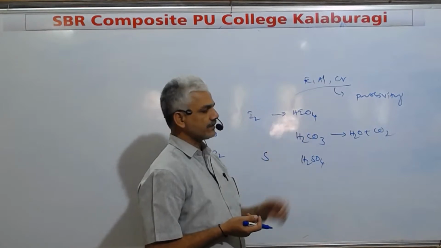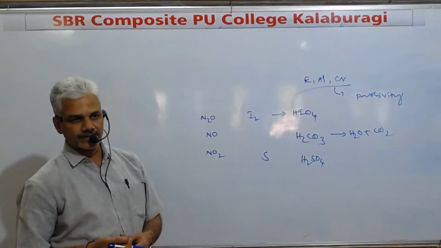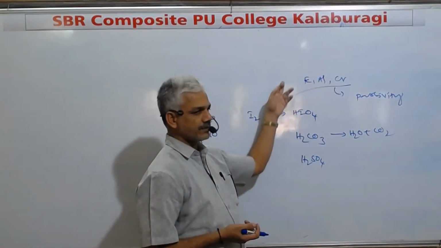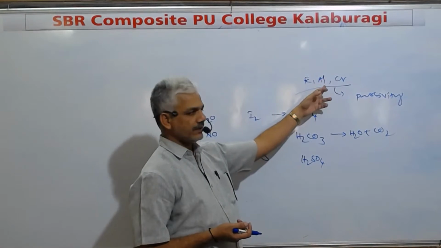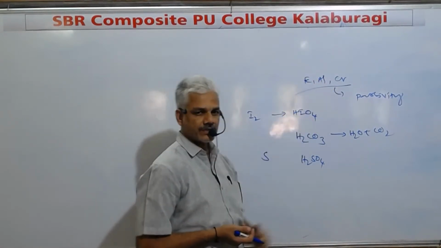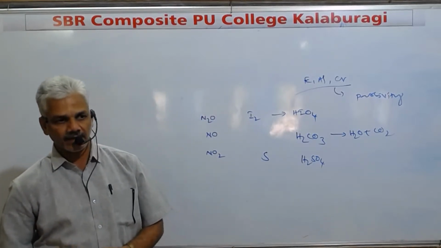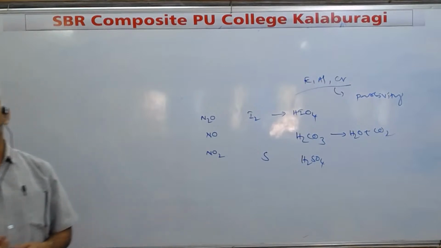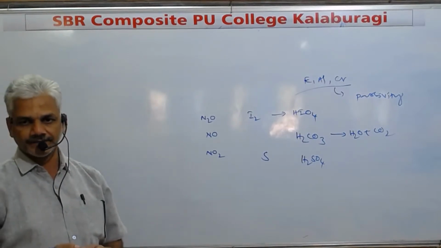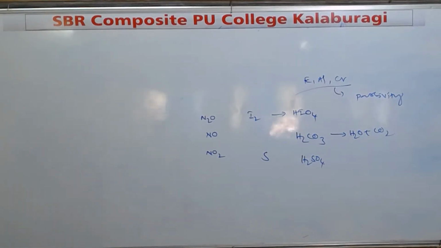What is the protective agent found on the surface? Nothing but its oxide. If iron is taken, iron oxide forms. Aluminium oxide will form for aluminium. If chromium is taken, a chromium oxide layer will be formed. Like that, these metals can be protected by treating with nitric acid. Right? So that is about properties.